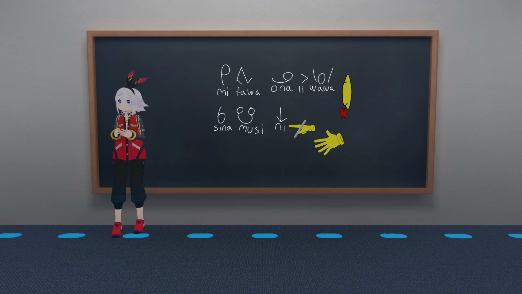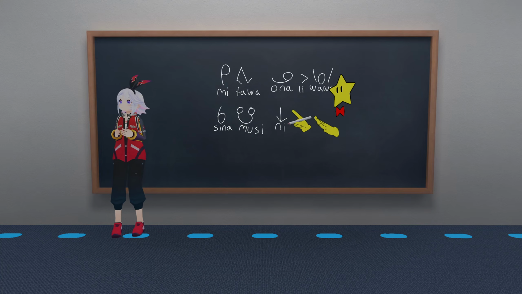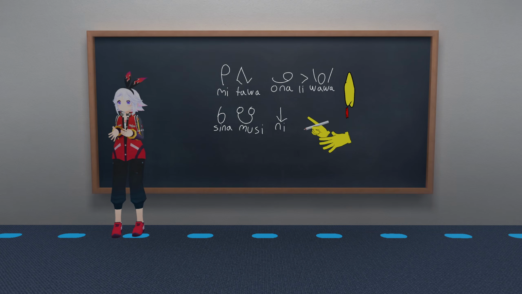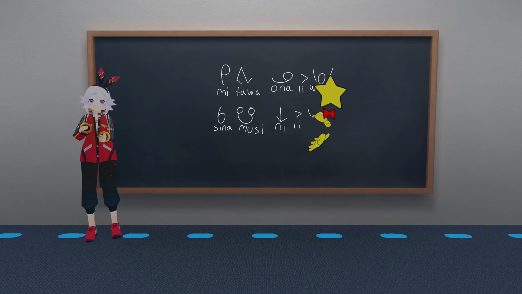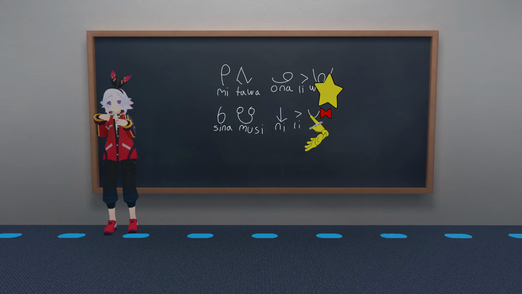Ni also needs help. As a matter of fact, me and sina are the only words that don't need li. So everything else does. And we can say ni li pona. P-O-N-A.